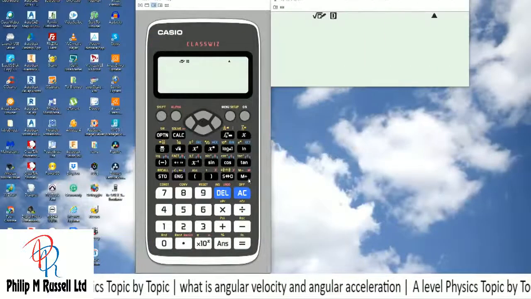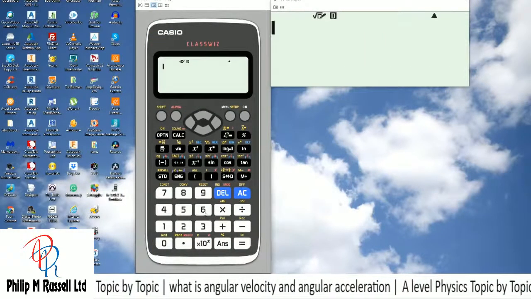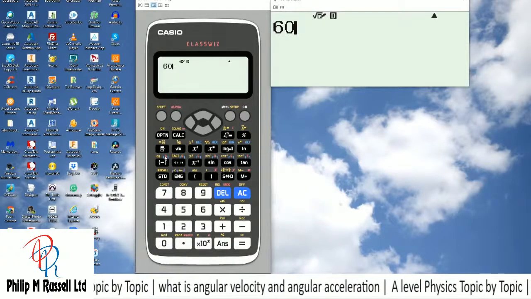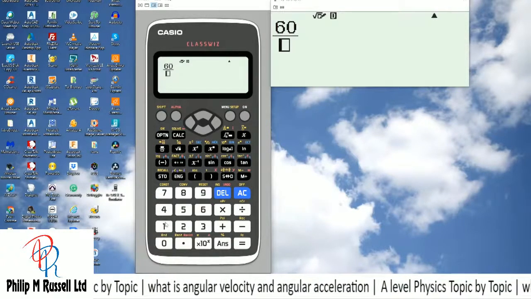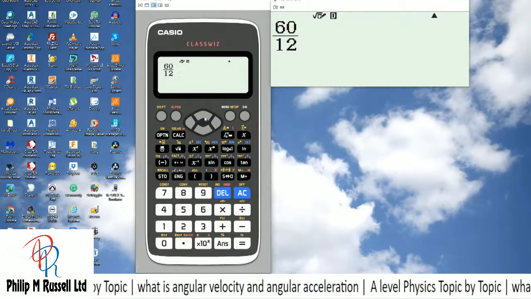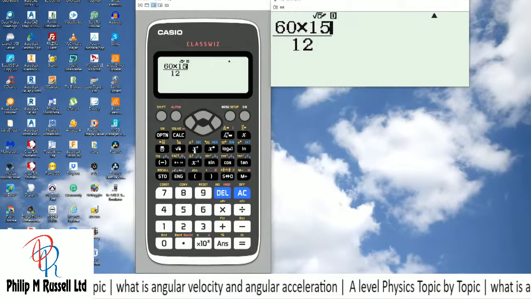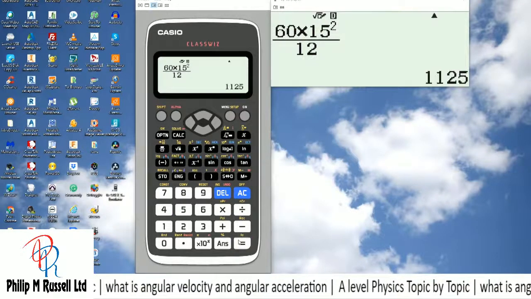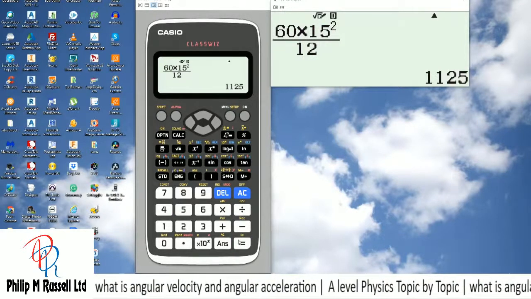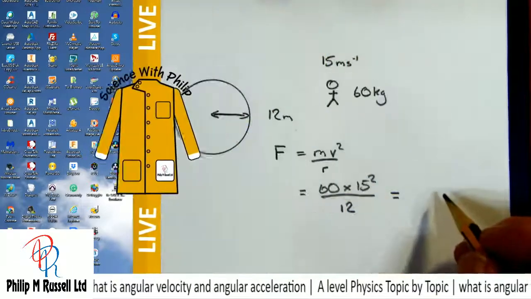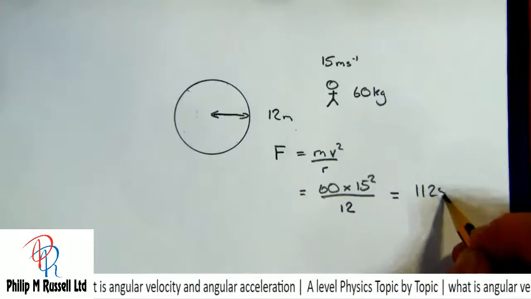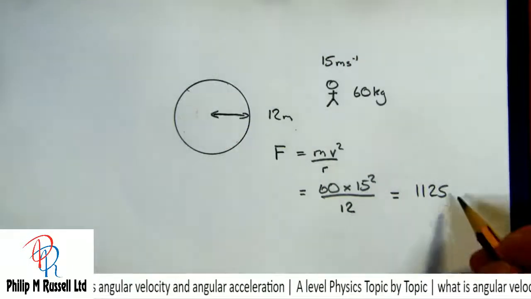So let's do a calculation, which is going to be 60 over 12, and the 60 we're going to multiply by 15 squared, and that's going to give me here 1125 newtons.